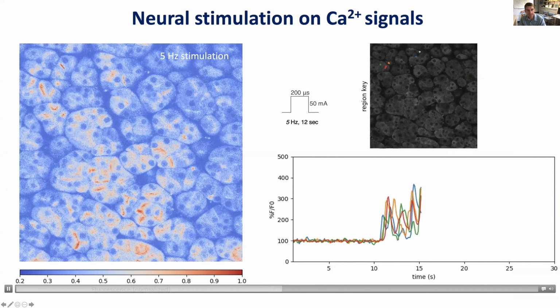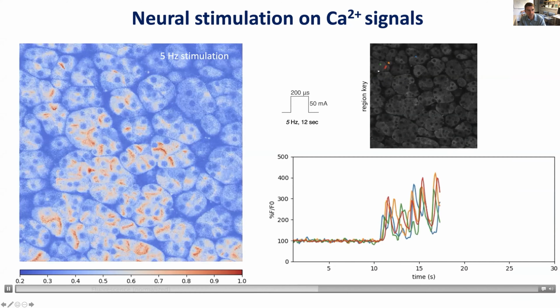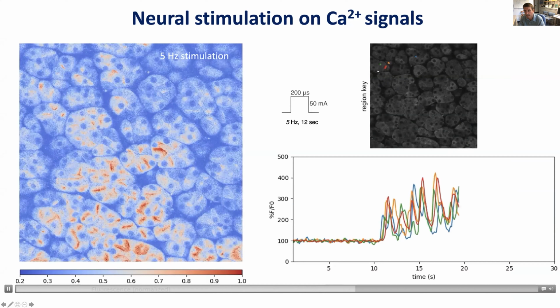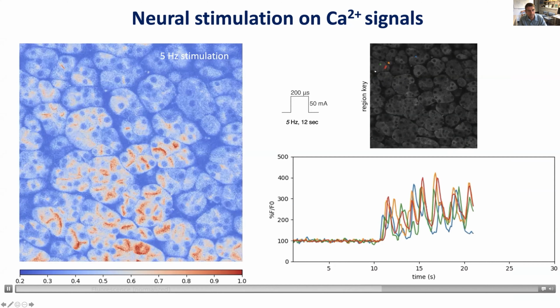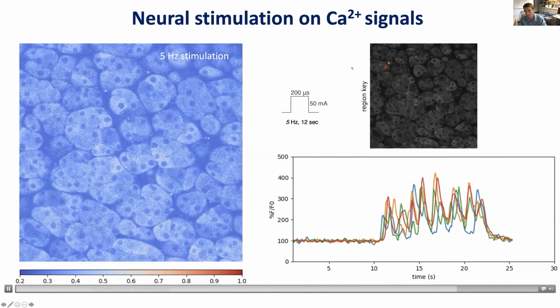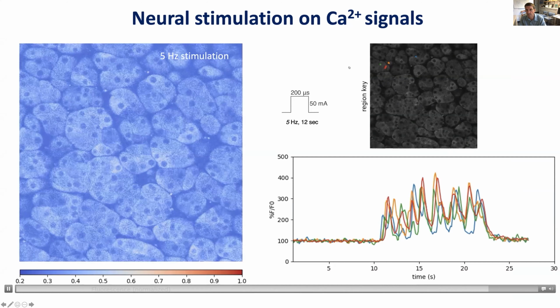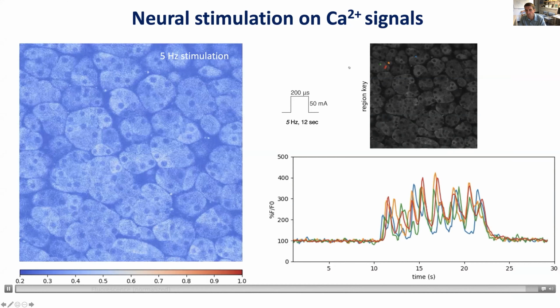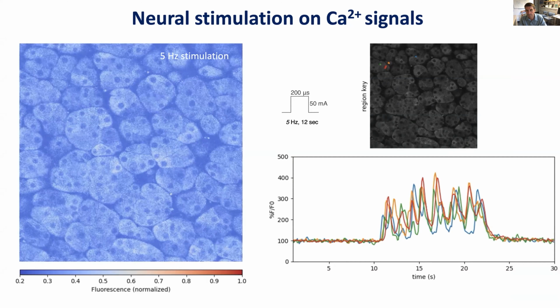Essentially what we see here is, again, calcium oscillations. We're recording at 10 frames a second. The first difference that we see is that we still get calcium oscillations, but they're actually much faster than we were seeing in isolated cells. So next slide.